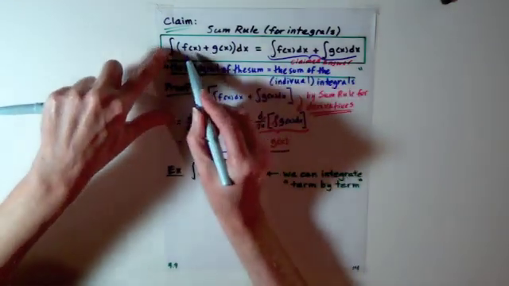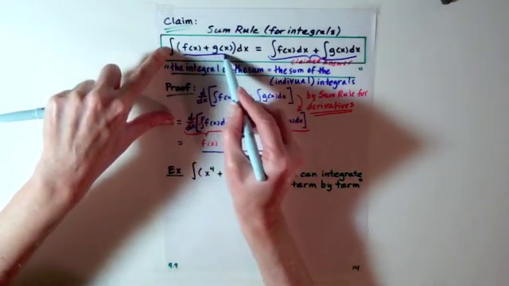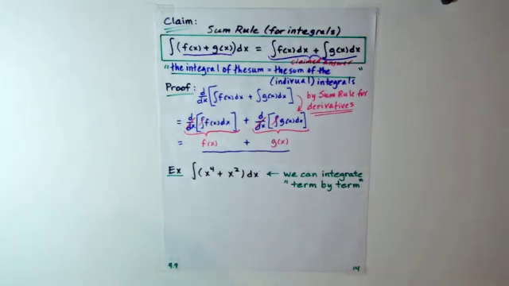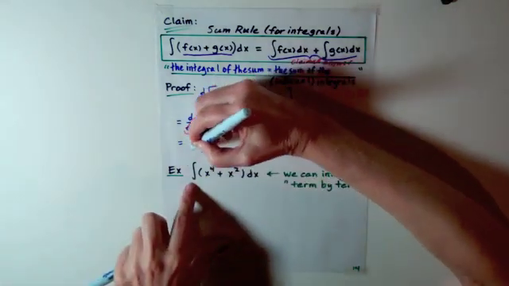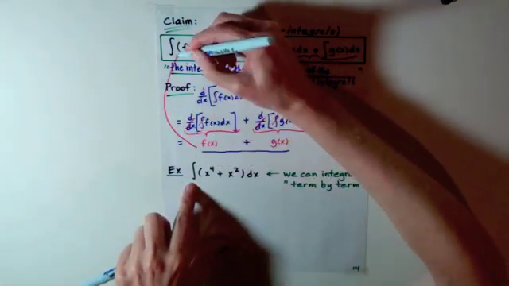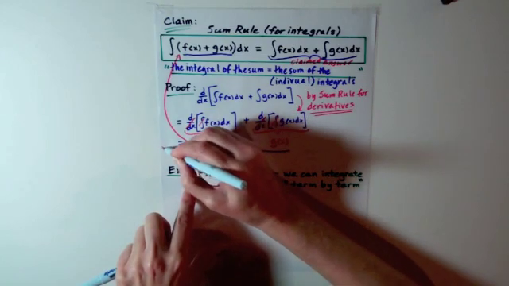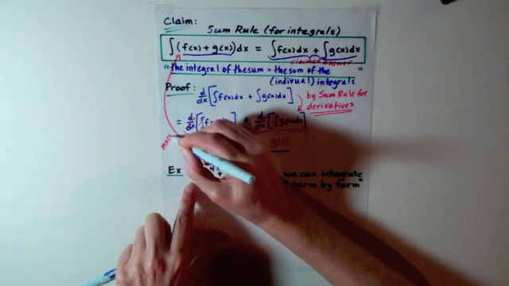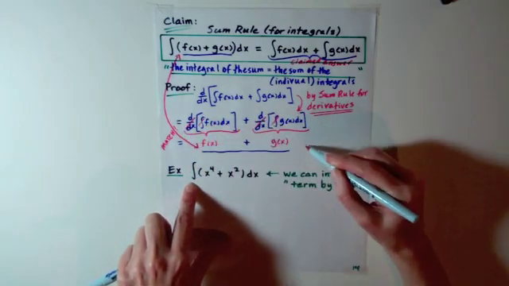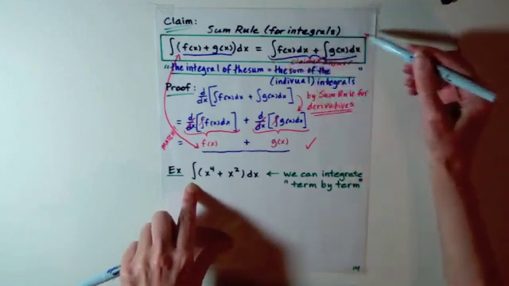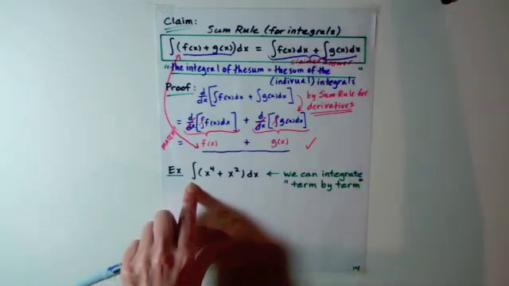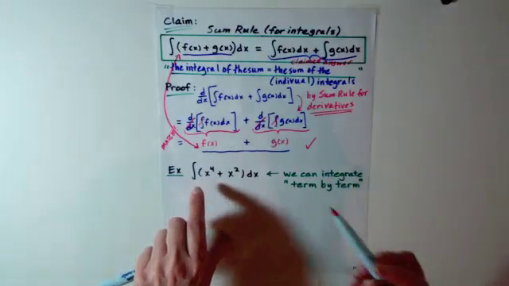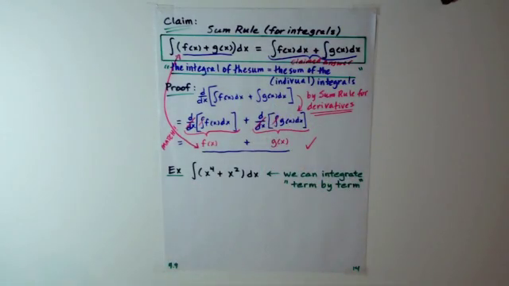And notice that's exactly what I was originally asked to integrate on the left-hand side. So these two things match each other. And that means that my answer must be correct, that this thing must be essentially the answer to this integral problem, and I've proved the sum rule for integrals.